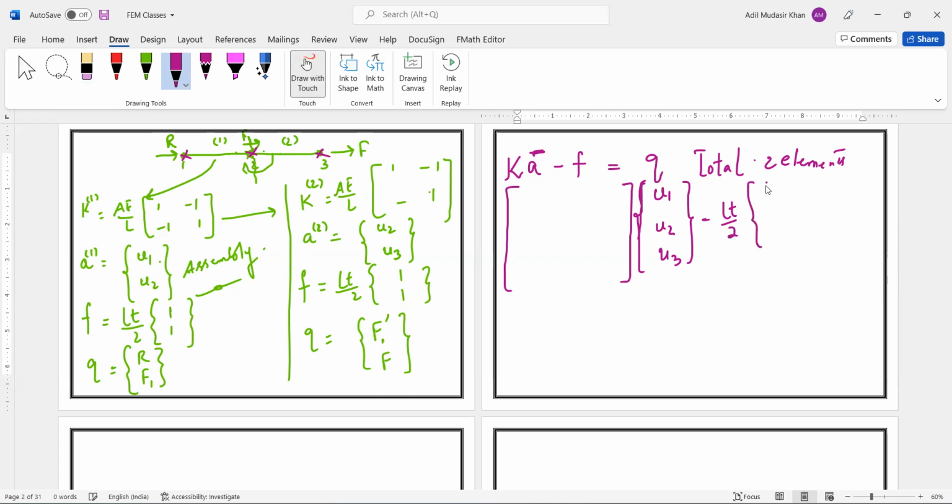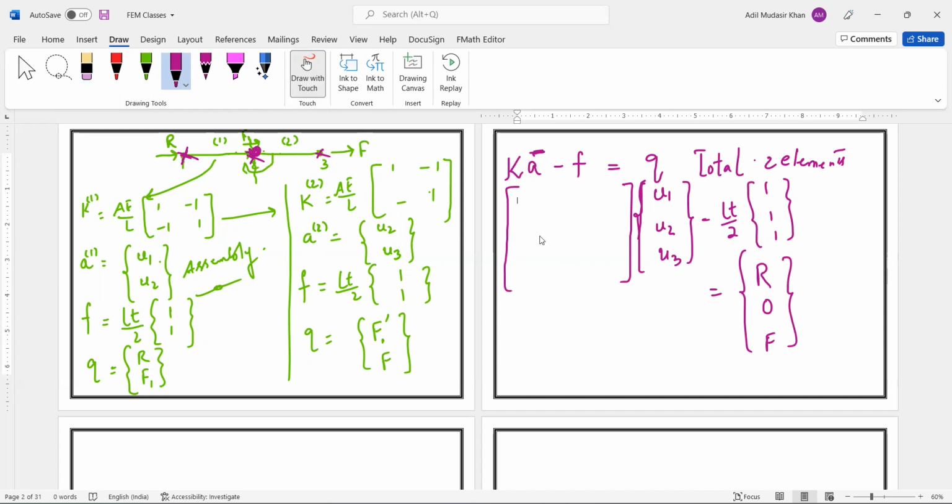When I have 3 nodes, I'll be having 1, 1, 1. Is equal to the external force matrix. So it is force at node 1, force at node 2, force at node 3. That is R. And I will write here 0 and F. Why R, 0, and F? Because this is an internal point here. The sum of all the forces will be equal to 0.